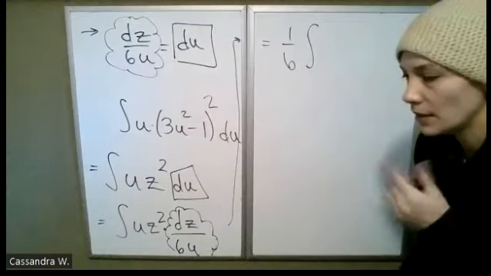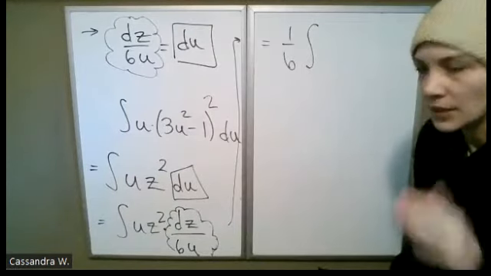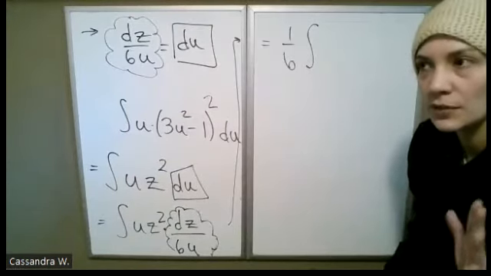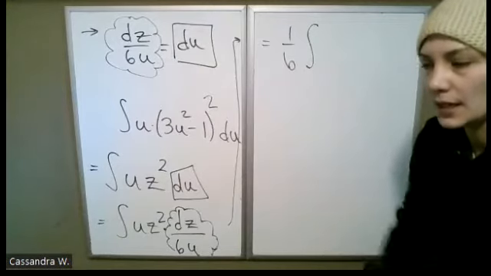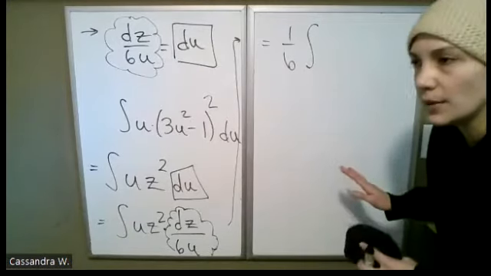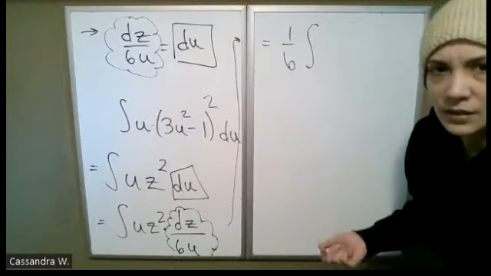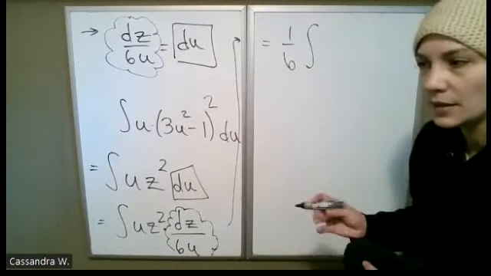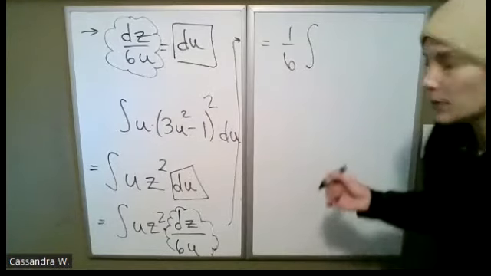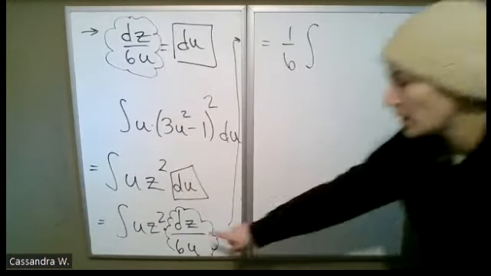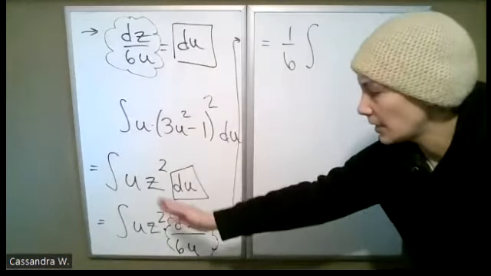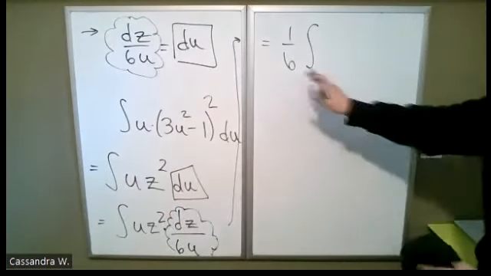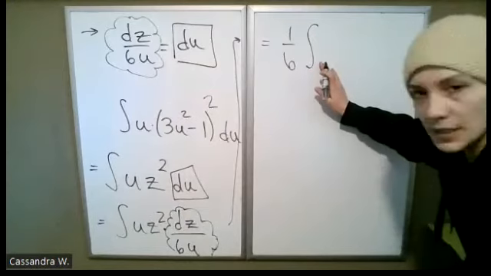So again, keep asking questions whenever you're feeling confused, but I think as many examples as we can do will help this be more clear. So I'm just going to push through to the answer of this one, and then hopefully get into another example. So I brought that 6 down to the front. I've got 1/6 times the integral of z squared dz.